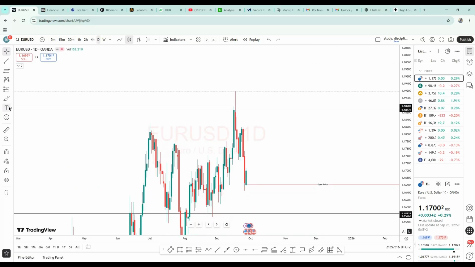There are three types of markets. One, we have a downtrend.